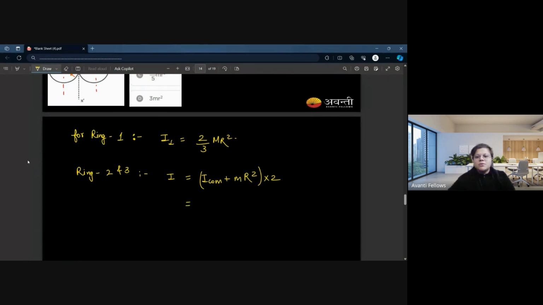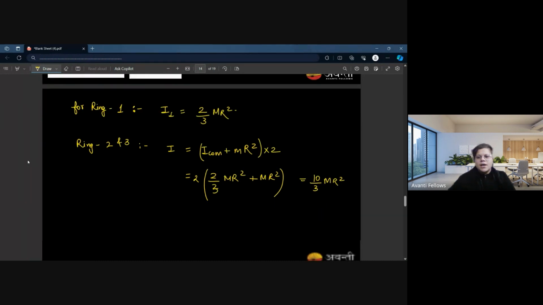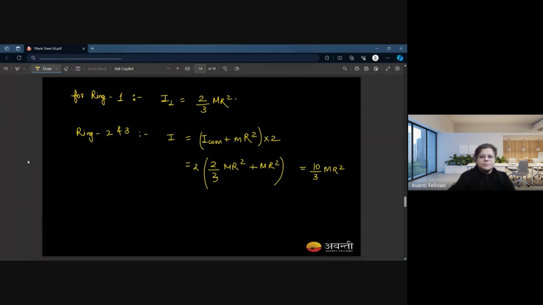Again, the inertia about center of mass is going to be 2 by 3 mr square. Add mr square to it, and multiply the entire expression by 2. You will get 2 by 3 plus 5 by 3, which is 10 by 3 mr square. The inertia of the entire system would be I1 plus I, that is 2 by 3 mr square plus 10 by 3 mr square.